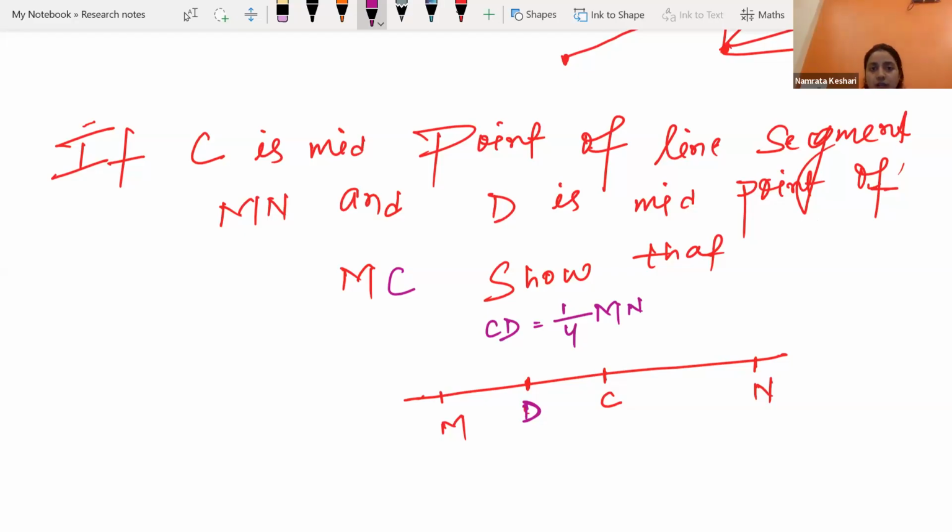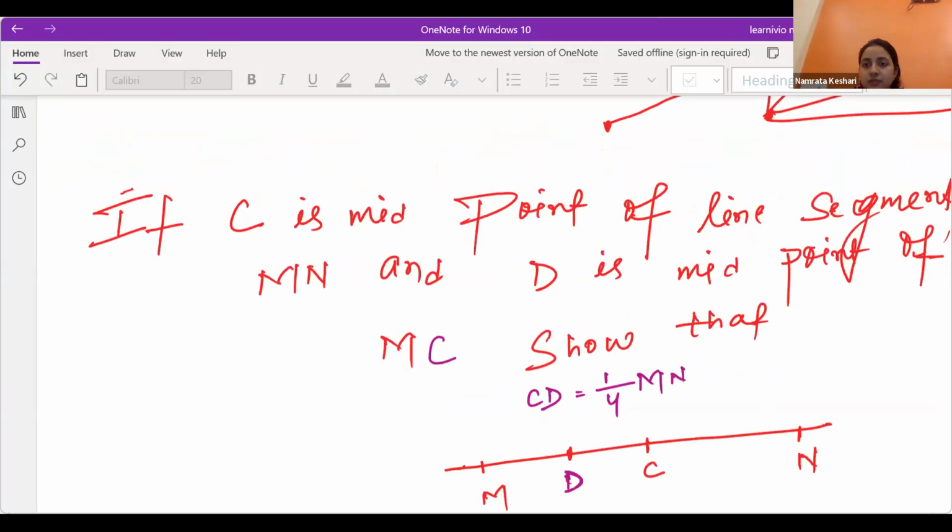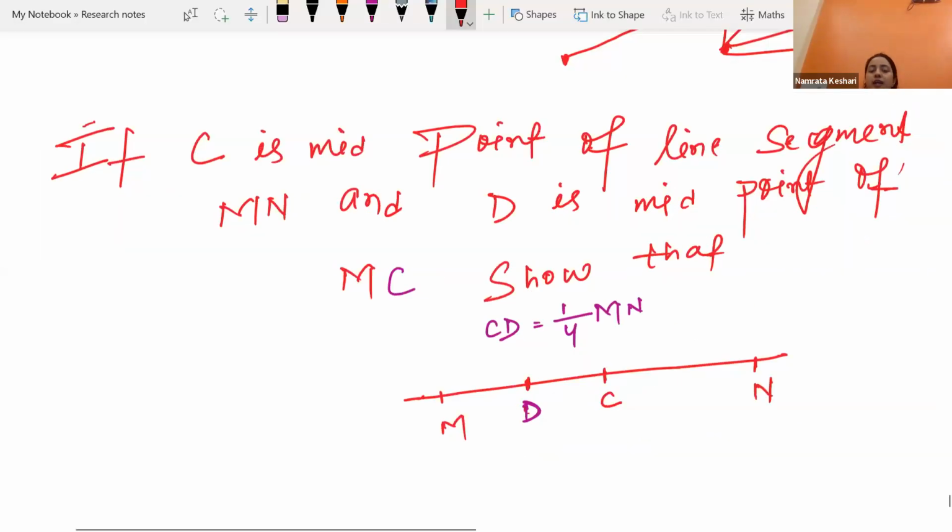The question: if C is the midpoint of line segment MN, and D is the midpoint of this much, MC, then we have to show that CD is 1 by 4 of MN.